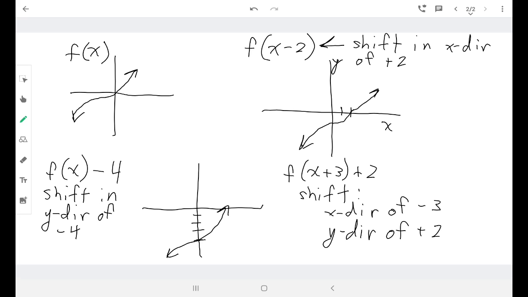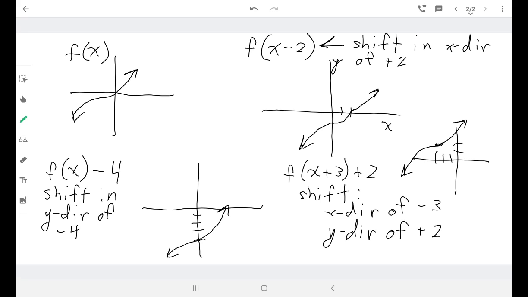So everything would move in both. We would go minus 3 in the x direction and plus 2 in the y direction, and that gives us a new center, and it would still kind of look like that. Again, I'm just sketching these out and not making these super accurate. I just want to give you the base idea.